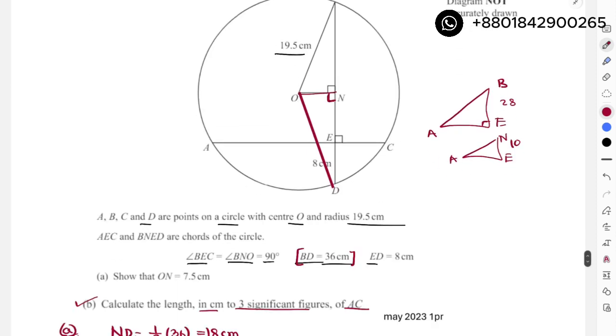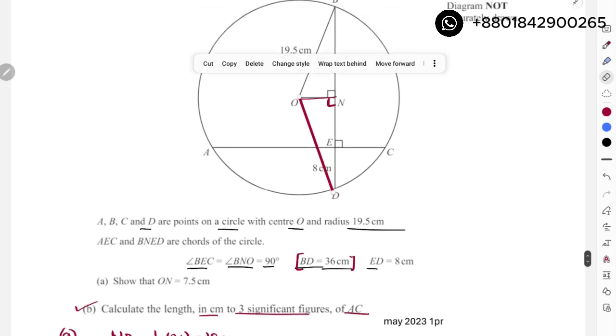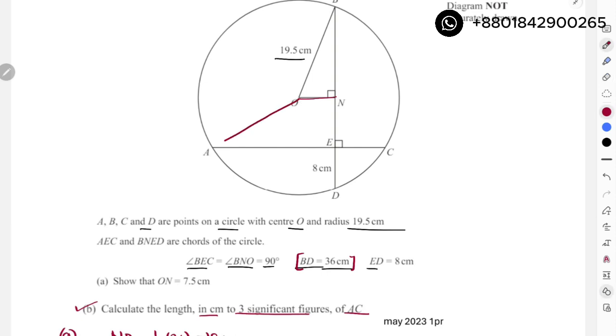Okay, so in this case, we just have to do this process. 1 minute. In order to find out this AC, now I will eliminate this. These are not needed. In this case, I will connect OA with OC. Okay, so this is how the triangle is supposed to look.